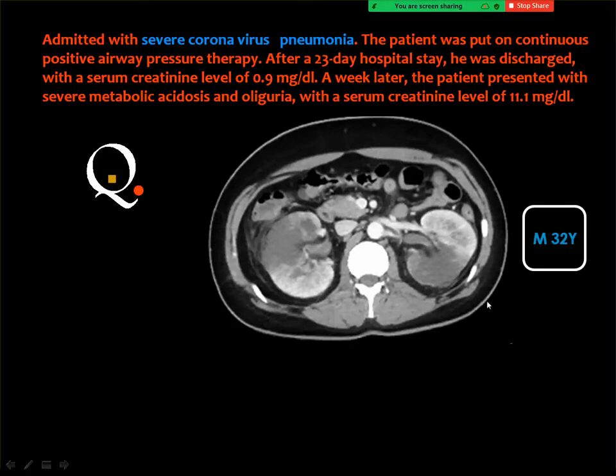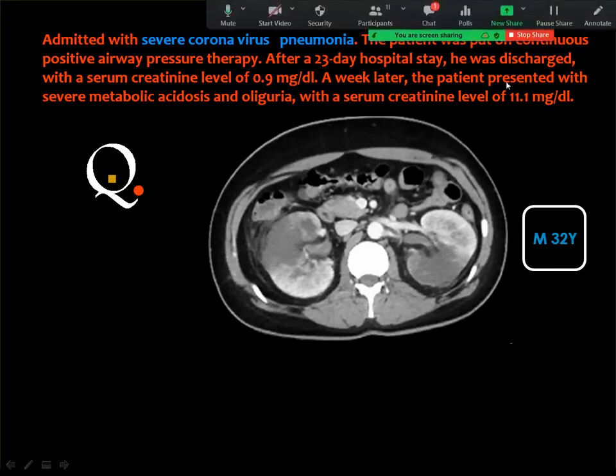This patient had a long history. He is 32 years old and had a coronavirus infection. The patient was ventilated, and after 23 days of hospital stay, he was discharged with a normal serum creatinine level. A week later, the patient presented with severe metabolic acidosis and oliguria, with a very high serum creatinine level.